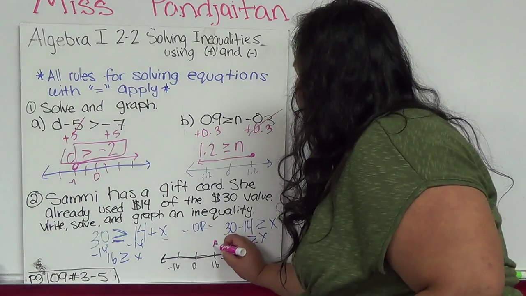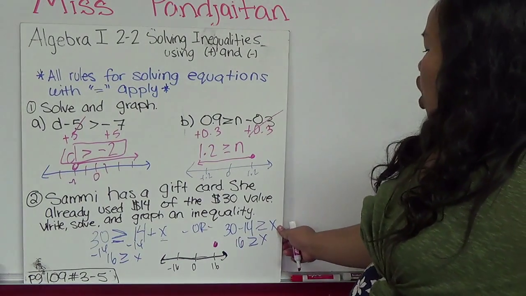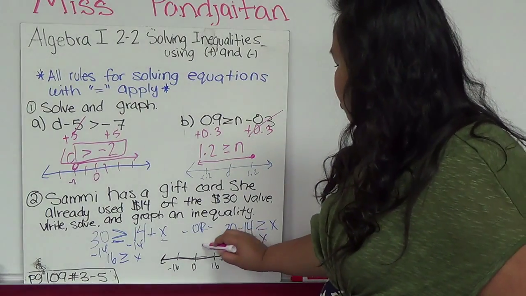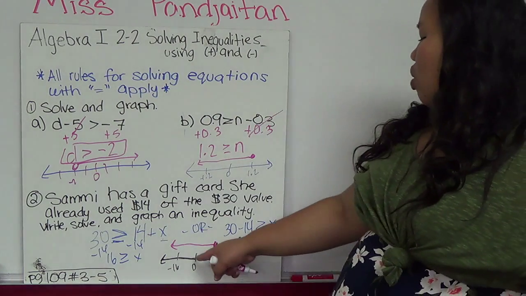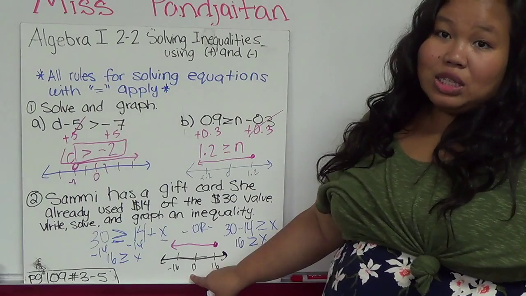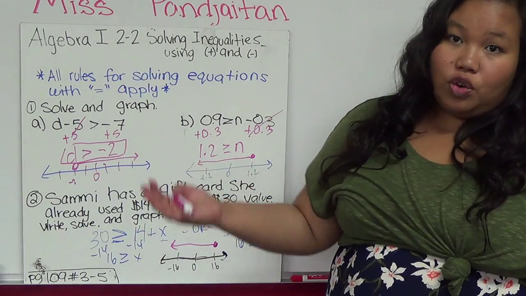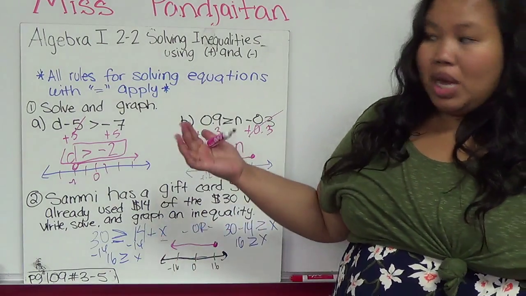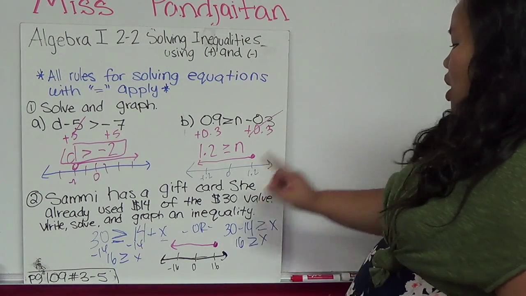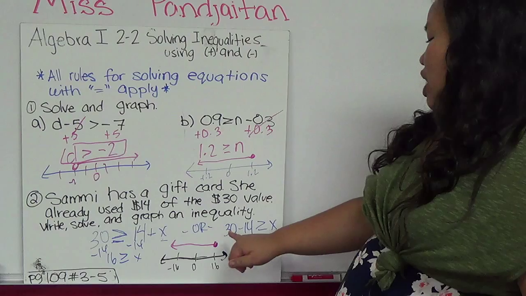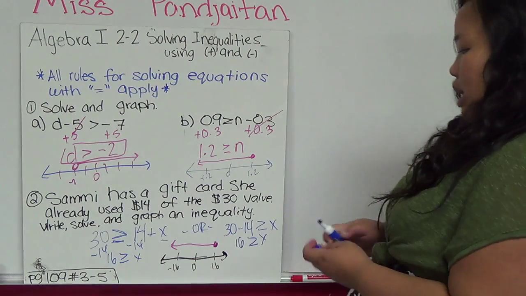And it's all the numbers that are less. In this particular case, I can only go down to 0 because she's not going to spend negative dollars, unless of course the store gives her money, which is unlikely unless we're living in a dream world. But that's how we would graph it, anything that's less than 16.